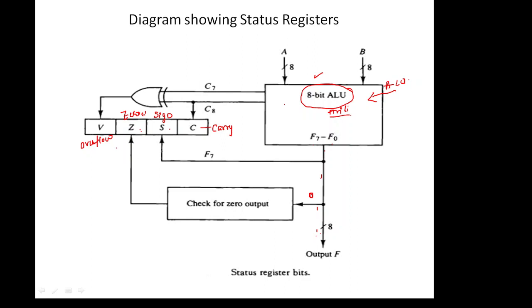It is sometimes convenient to supplement the ALU circuit in the CPU with a status register. Every time we need not go to the ALU unit to check the result; the ALU check is replaced by the status registers, where the status bit conditions can be stored for further analysis.